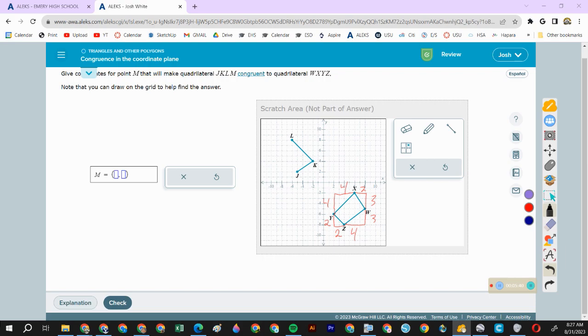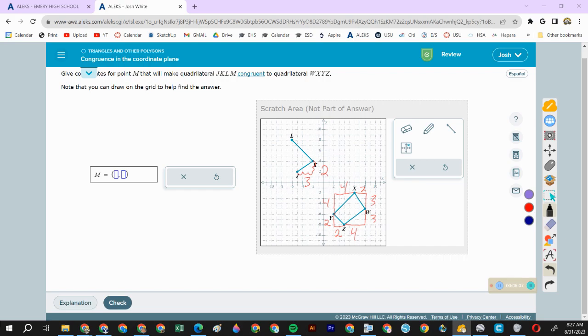Okay, so they're not the same length. I was wrong. Okay. Now we look at the other side. And this slope is 1, 2, 3, 1, 2, 3, and 2. So which side does that line up with? The top right, XW. That's the only one with a 2 and a 3. Now, the orientation is different.